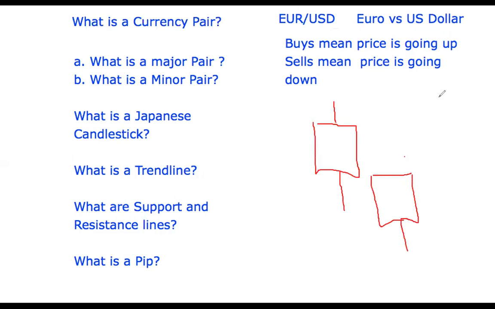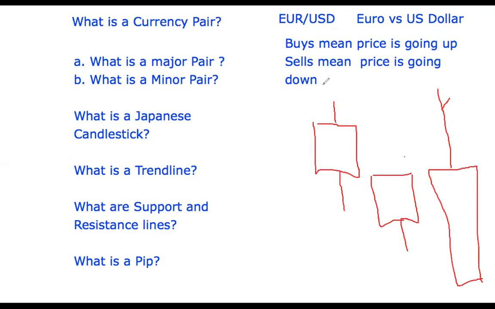You might see one like this. Might see one like that. All right, so this right here, this is considered a wick. So that's where price actually reached and rejected.